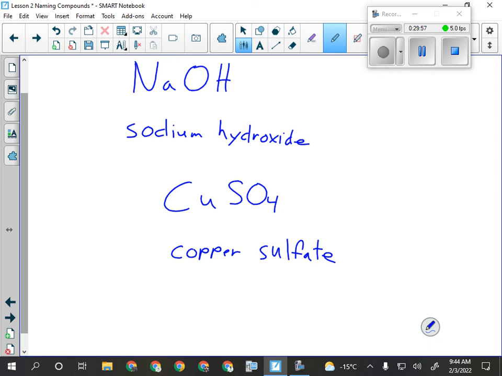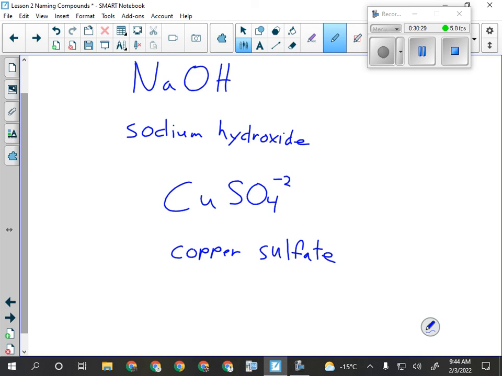If there's more than one number in that top right corner, then I have to put a Roman numeral in there. Sulfate on your chart is written as a -2. And how many sulfates are there here? 1. That can be confusing, that's why I did this. Sulfate is SO4, 4 oxygens and 1 sulfur, but the whole thing has a charge of -2.